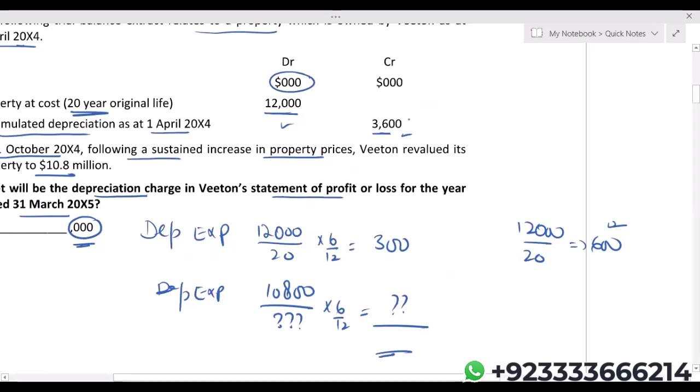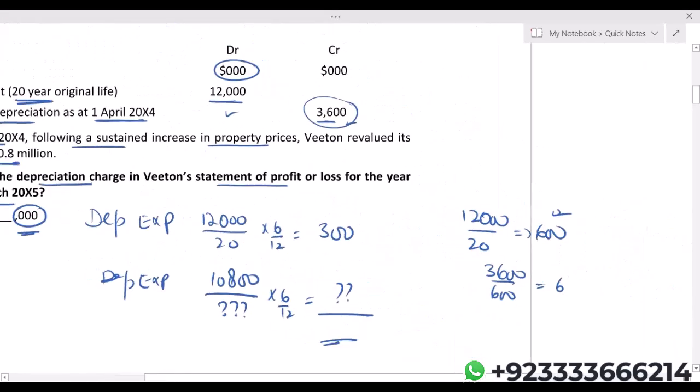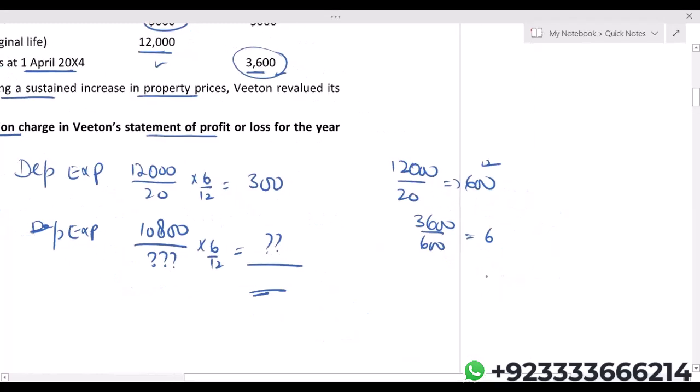There is already accumulated provision for depreciation, which is 3,600, which means 3,600 divided by 600 gives us 6. So at the start of the current year, 6 years have already passed. We have revalued the property exactly in the middle of the current year. Original life is 20 years.